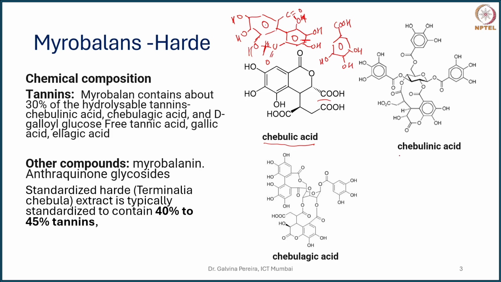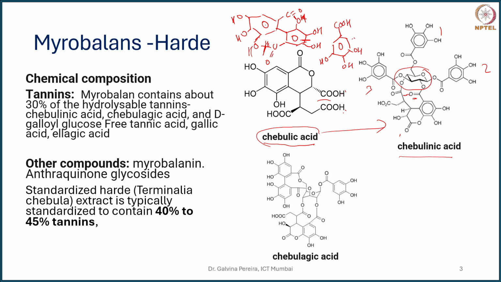Whereas your chebulinic acid is again a sugar in between, then you have 3 molecules of this. So you have 1, 2, 3 gallic acid and 1 of chebulic acid which has gone here. So you can carefully see both of these carboxylic acids are here, which have been involved. So chebulinic acid is 3 gallic acid plus 1 chebulic acid attached to your glucose.